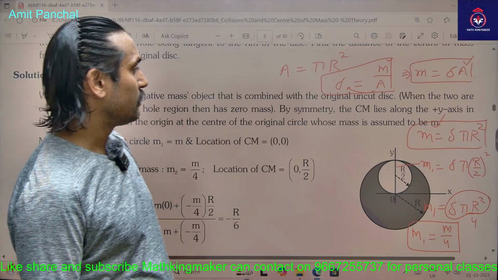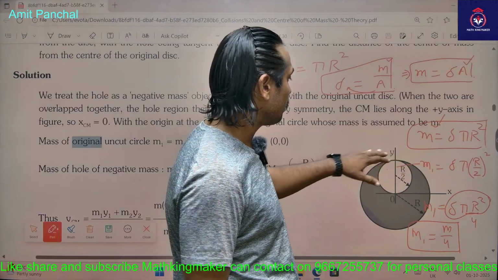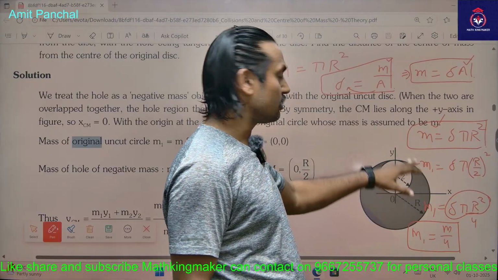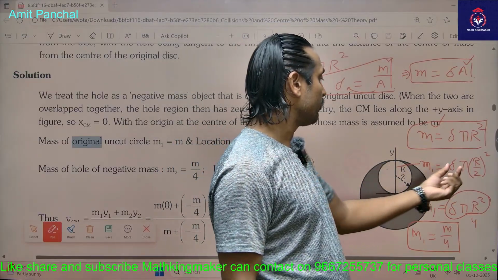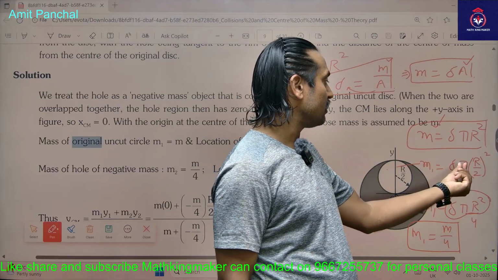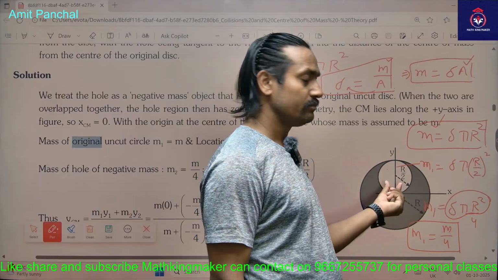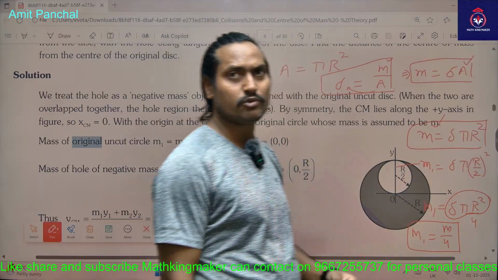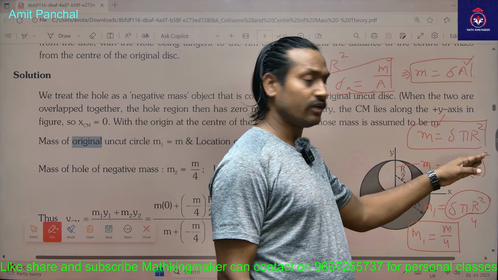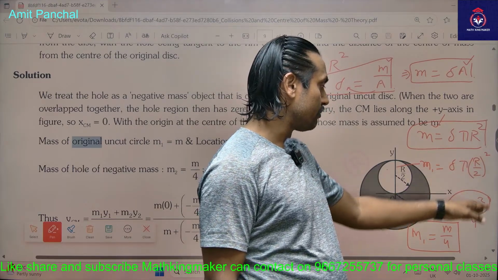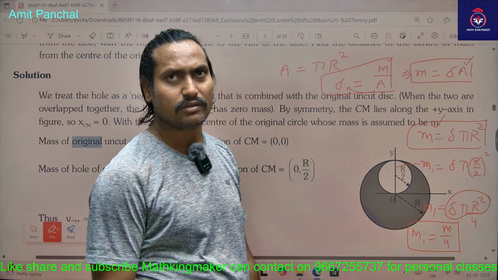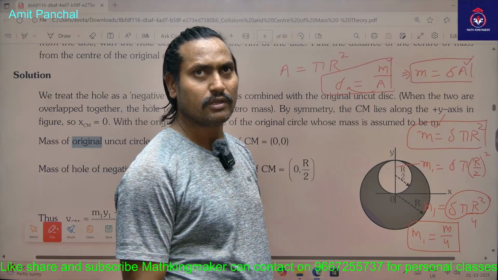So now the mass of this smaller one will also be given by surface density into pi. R by 2 is its radius. So it will be given by r by 2 whole square. If we take r by 2 whole square, it becomes r square by 4.